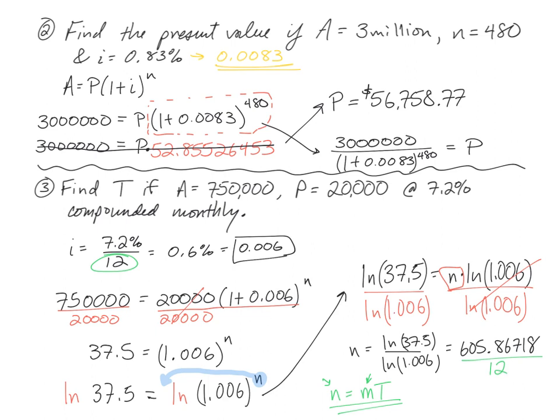So if we divide 605 point a bunch of decimal places by 12, we will end up with 50.488 years, and then you can round as necessary. But that's how you're going to find the number of years every single time.